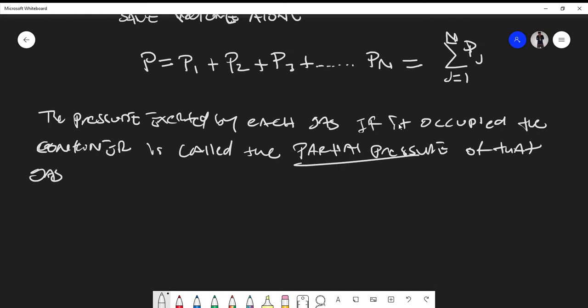We're going to underline partial pressure. So we call it the partial pressure of that gas.